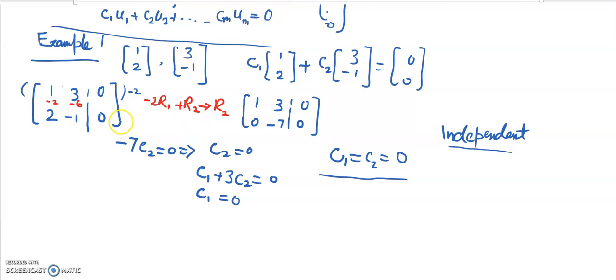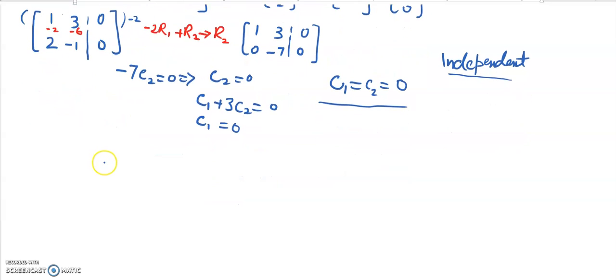Let's see it with the help of another example. In this case, we take three vectors: (1, -1), (2, 2) and (3, 5).